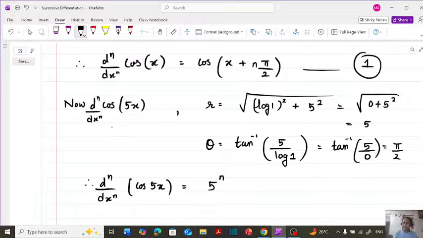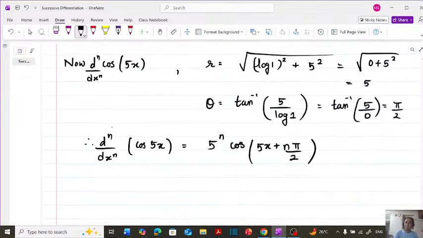And then there is k to the power x, but in our case your k is 1. So over here it is cos of 5x plus n pi by 2. Okay, so this is the derivative that we get. So this is your second answer.